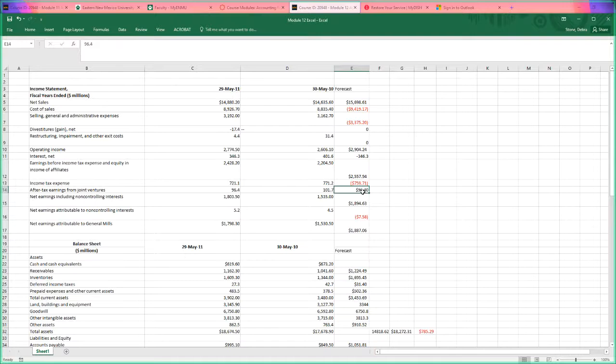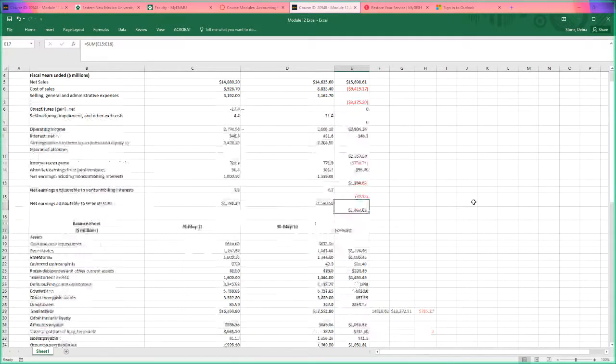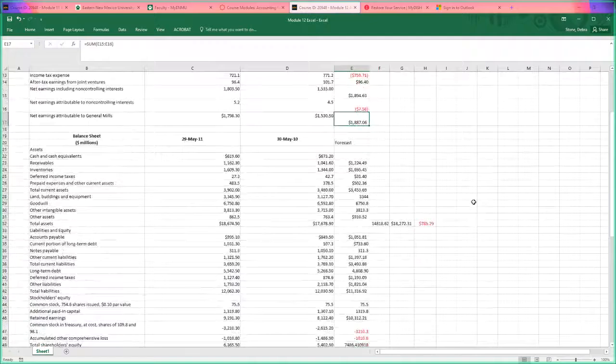And then here's after-tax earnings from joint ventures. This one, your net earnings including non-controlling. And then they're also giving you here the percentage you have to take, 0.4%, not 4%, 0.4%. And then you get attributable to General Mills. And that's the income statement.